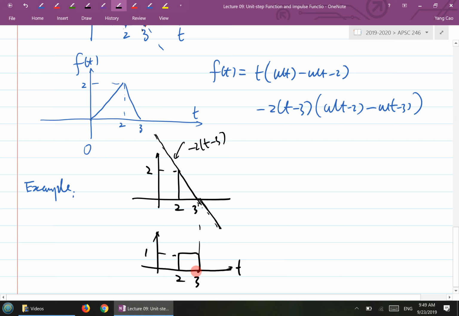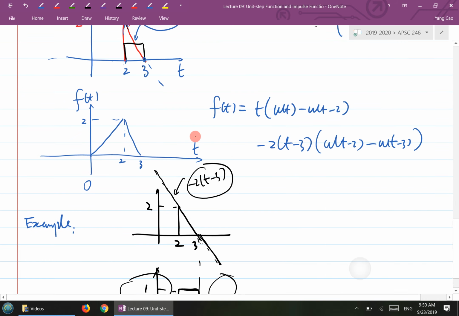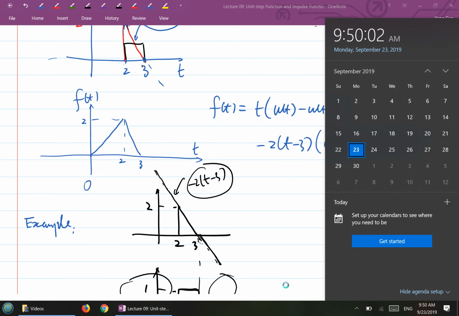If you pick any point, you use that point and multiply the corresponding points here. But this is all 0 here, all 0 here, and this is 1 here. So only which part exists? 2 to 3. Between 2 and 3, you're really multiplying 1 with whatever is here, which is this. And that's what you want, right? Yeah. Okay.